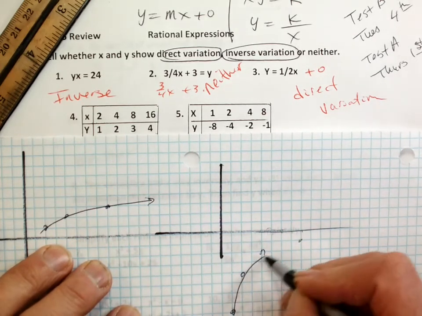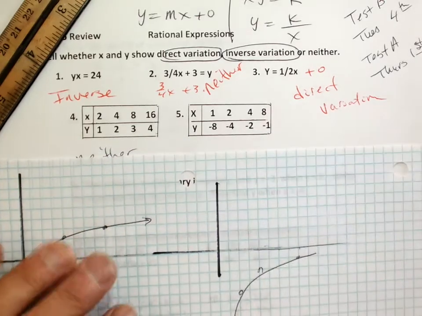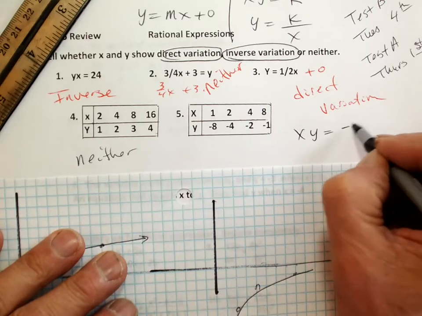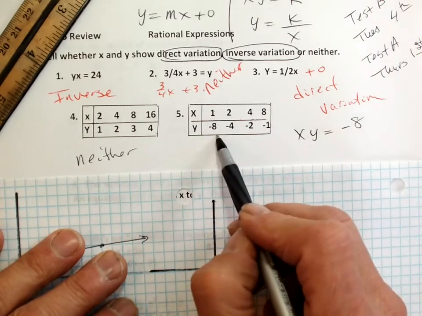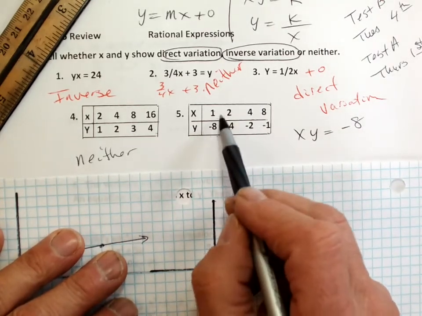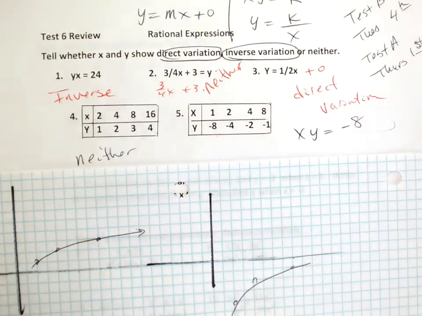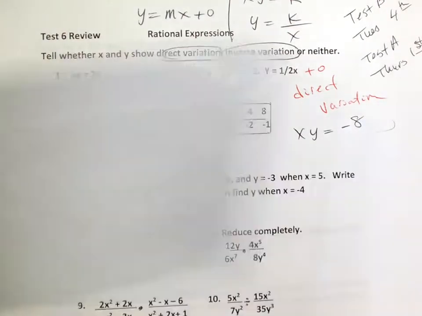It kind of has that shape, doesn't it? And if I have x times y, 1 times negative 8 equals negative 8. Something times something always equals negative 8. So I'm going to call that an inverse variation.